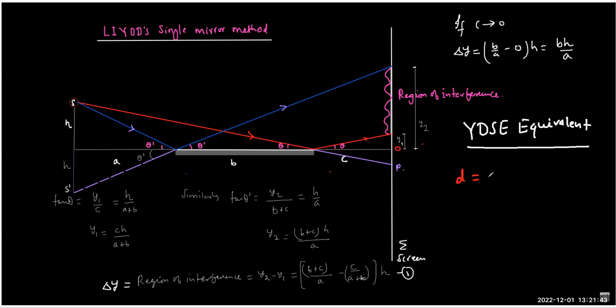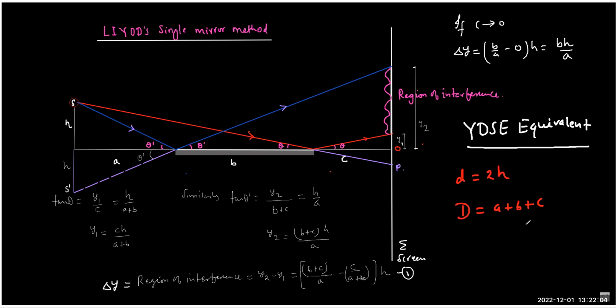The small d becomes 2h, and the capital D becomes A plus B plus C. Yes, sir. And once we have done this, we can leave this entire thing, and then we can go on solving the condition for maximum and minimum.